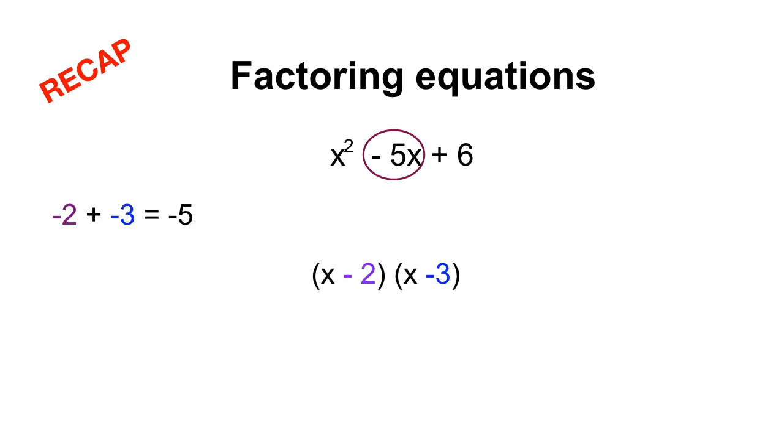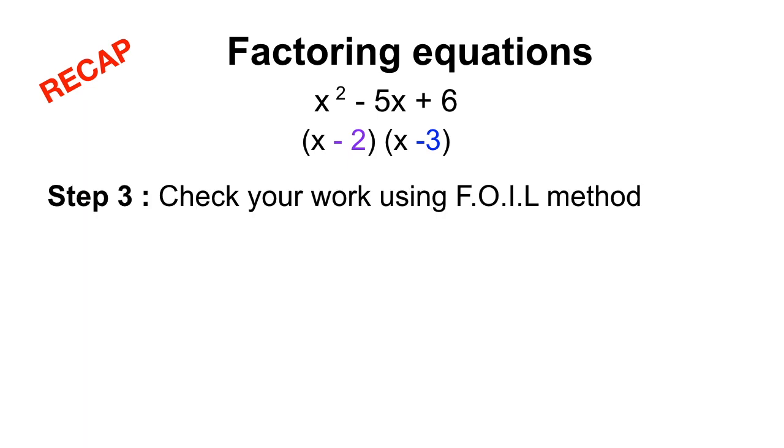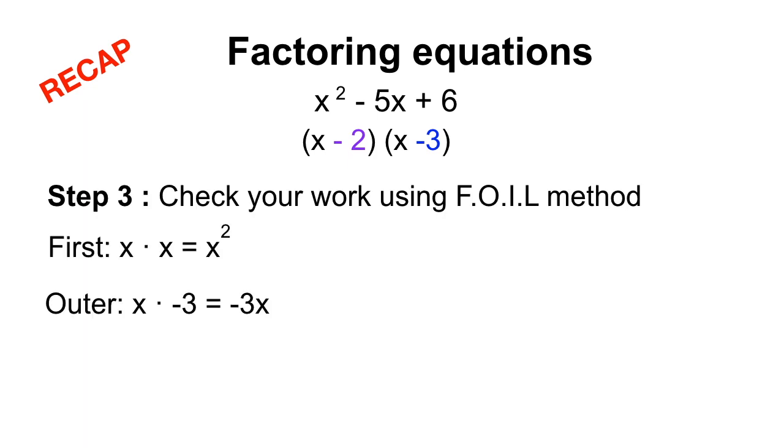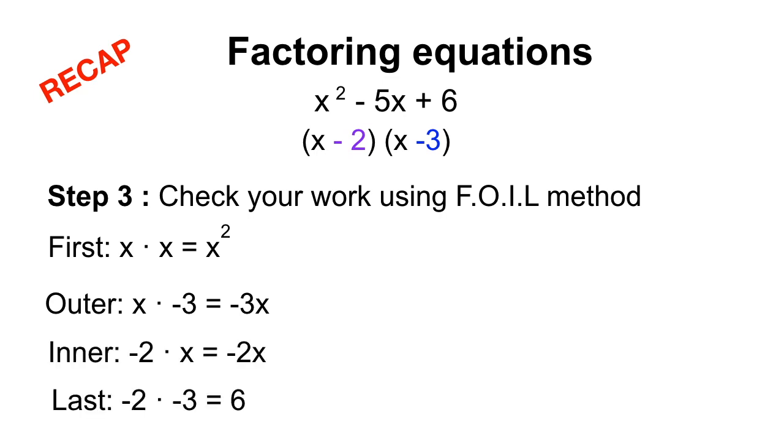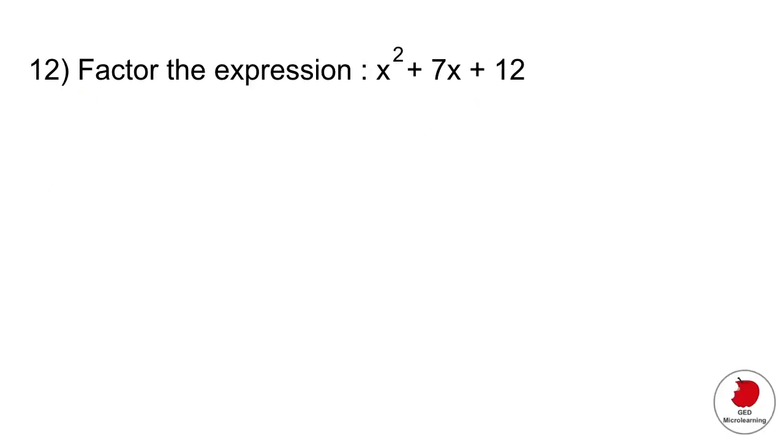And then all you have to do is check your work using the FOIL method, where you multiply the first terms together, the outer terms together, inner terms, and the last terms. And then you add all of those like terms, and that would give you your equation. All right, so we're going to go ahead and do this for this number. So first of all, find all the numbers that multiplied together give you positive 12.